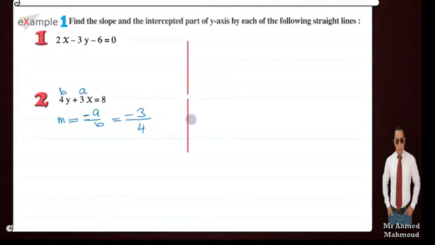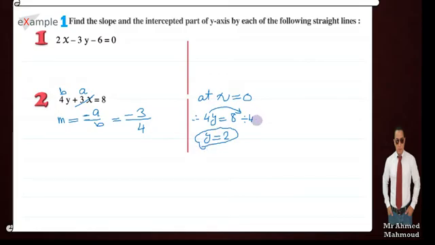Okay, now at x equals 0, so I cancel x to find the y-intercept. Therefore 4y equals 8. I will send 4 there as divided by 4. Then y equals 2 units.